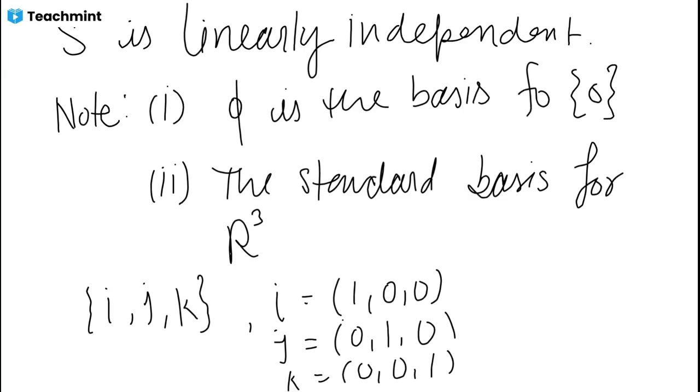Are you getting it? Do you have any question related to this topic? What is dimension? Sure. It means the number of vectors present in S is said to be the dimension of that vector space.